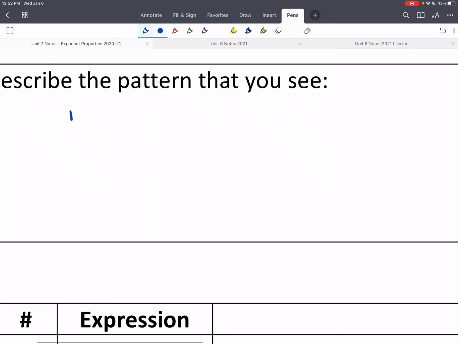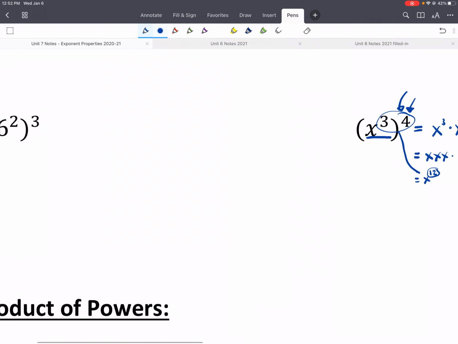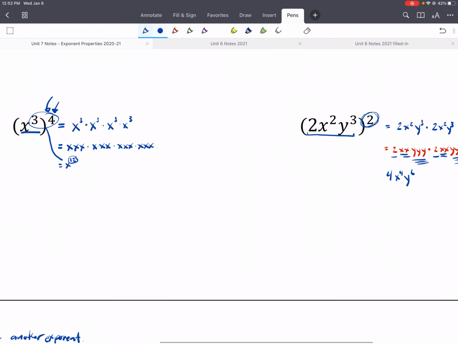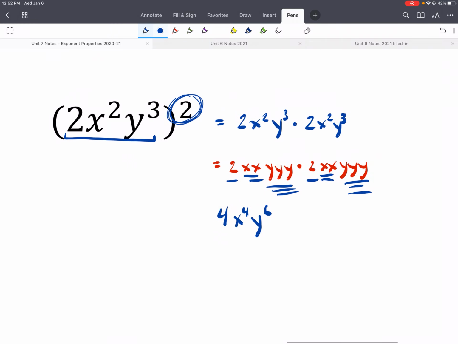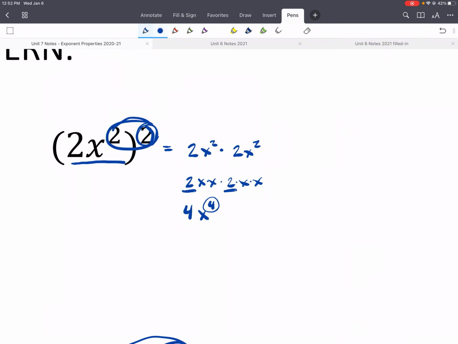If we have an exponent on top of another exponent, what do we have to do? 3 times 4 gives us 12. Let's see if it works for the others. Here 2 times 2 gives us 4. 2 times 3 gives us 6. 2 times 2 is 4.